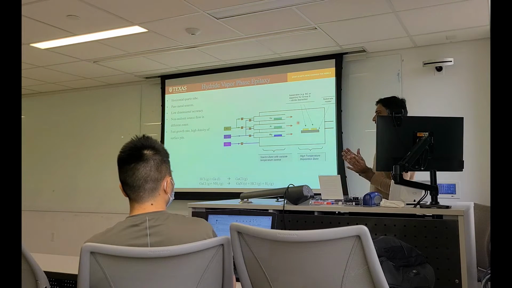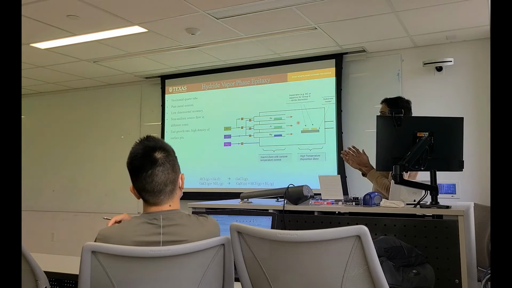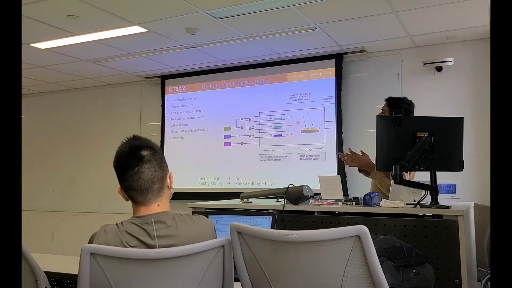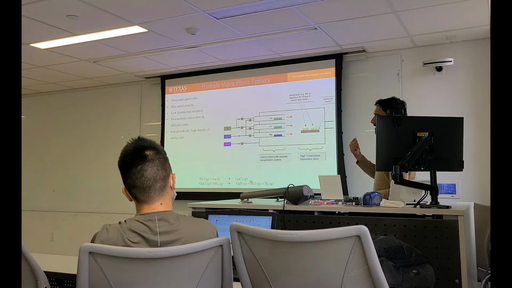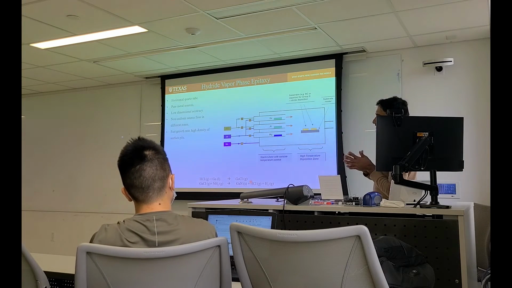In quartz tube, there are different temperature zones. So like low temperature zone, then the high temperature zone. At lower temperature zone, HCl reacts with gallium, you can see here the reaction, it makes GaCl. Okay? So GaCl is made at the lower temperature zone. When it moves to the higher temperature zone, so it splits. Okay?